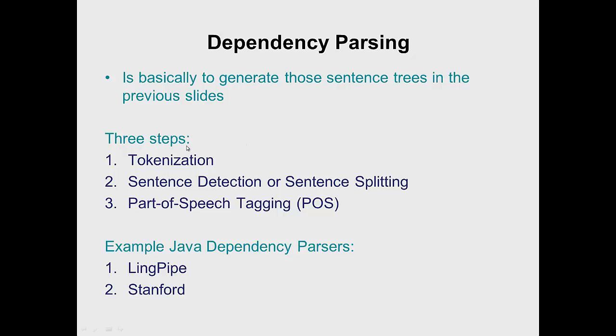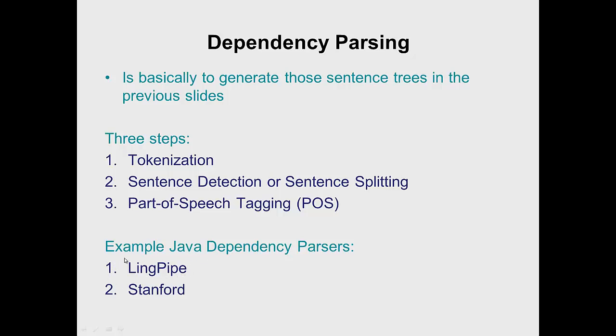Sentence detection is to try and identify sentences. Part of speech tagging is to identify the parts of speech, the noun, the verb, inside each individual sentence. As an example of Java dependency parser generators, LinkPipe is a very good dependency parser generator in Java. You can write code to define a dependency parser.